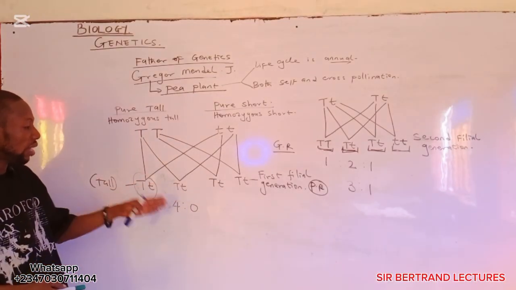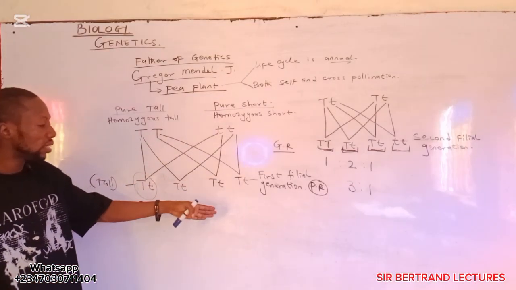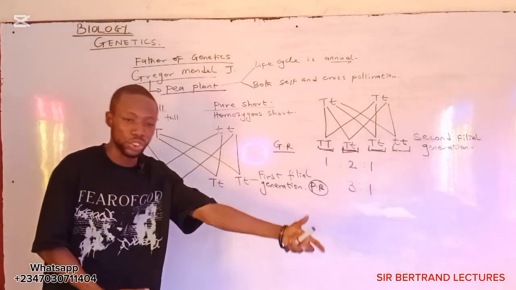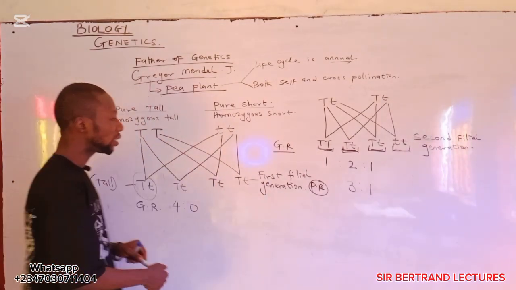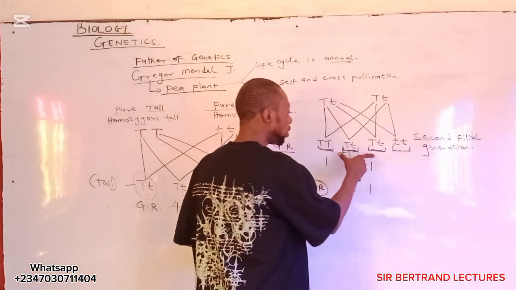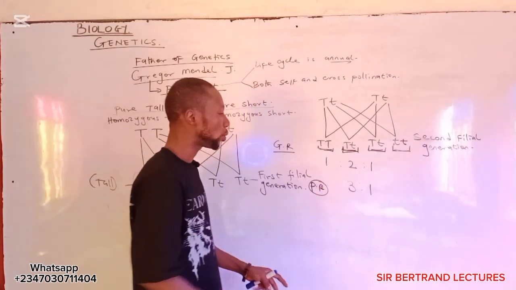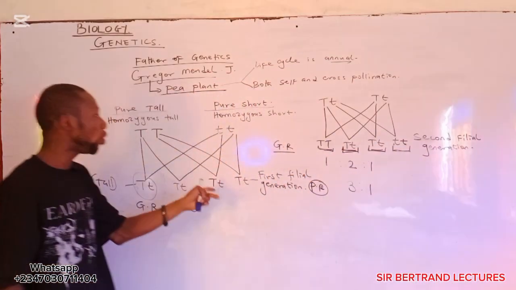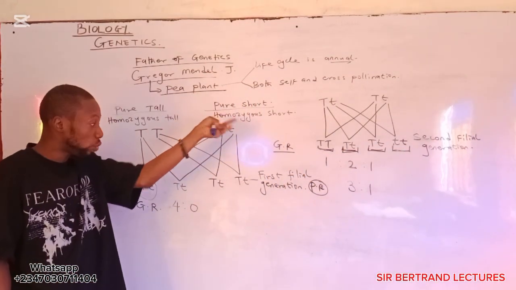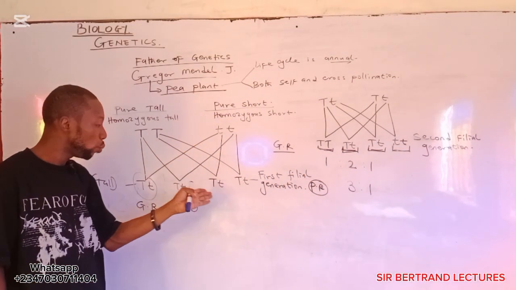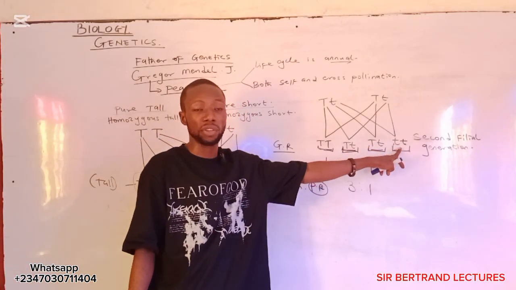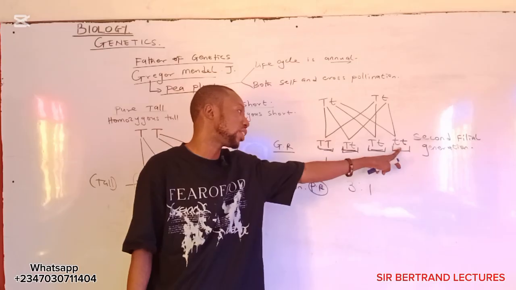And this is what led him to discover the theory of dominance, that some genes dominate other genes. All right. So it says that in the second experiment, 3 of the second filial generation are tall and 1 is short, showing that the short gene from the grandparent is transferred to the first filial generation, which later becomes dominant here out of the 4 offspring of the second filial generation.